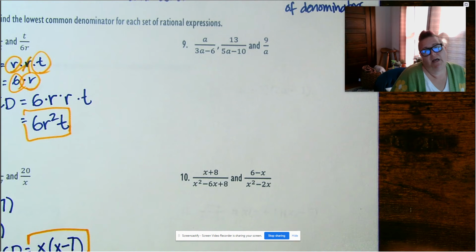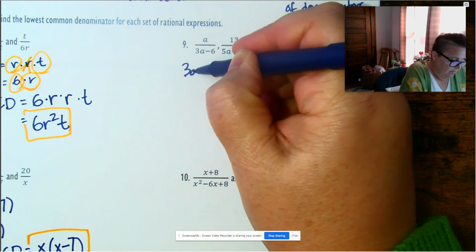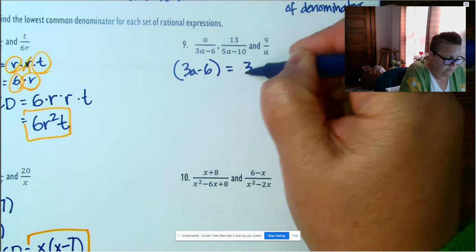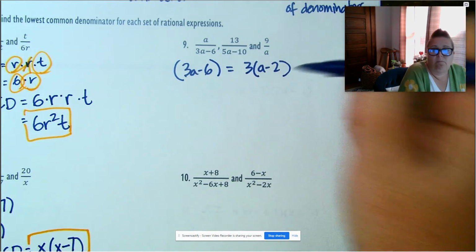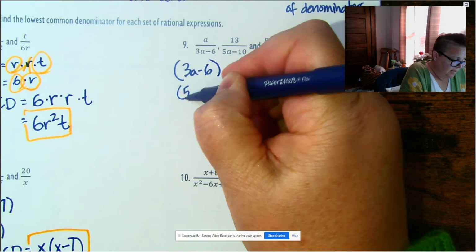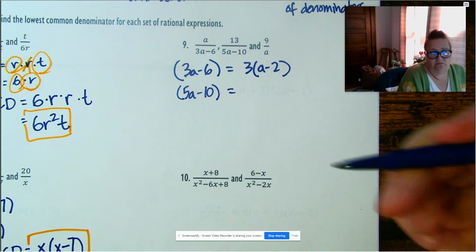For problem number 9, I have 3 different denominators. None of these look the same, but some of them are factorable. That 3a minus 6, I can rewrite as 3 times a minus 2. Right? I can factor a 3 out of that. And that 5a minus 10 will also factor.